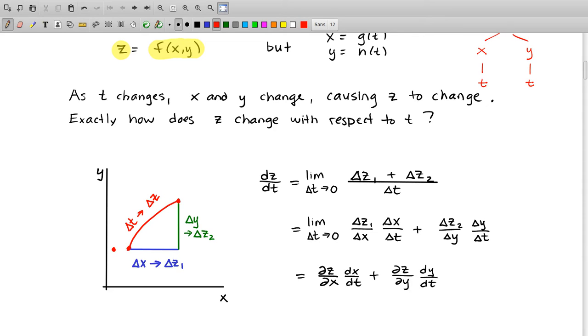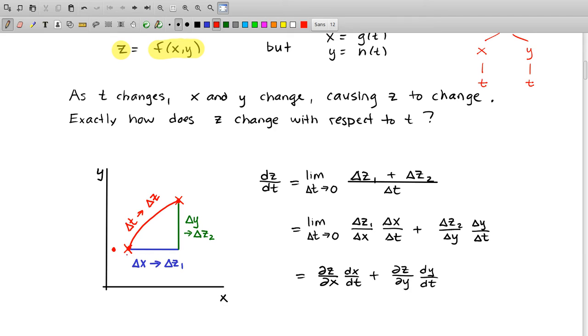We start at this point right here. Then as t changes, x and y both change, and imagine that this traces out some path in the xy plane. After a length of time delta t, we're now at this position in the xy plane. As x and y change, z changes. So ultimately, this change in t by an amount delta t creates a change in z of an amount delta z.